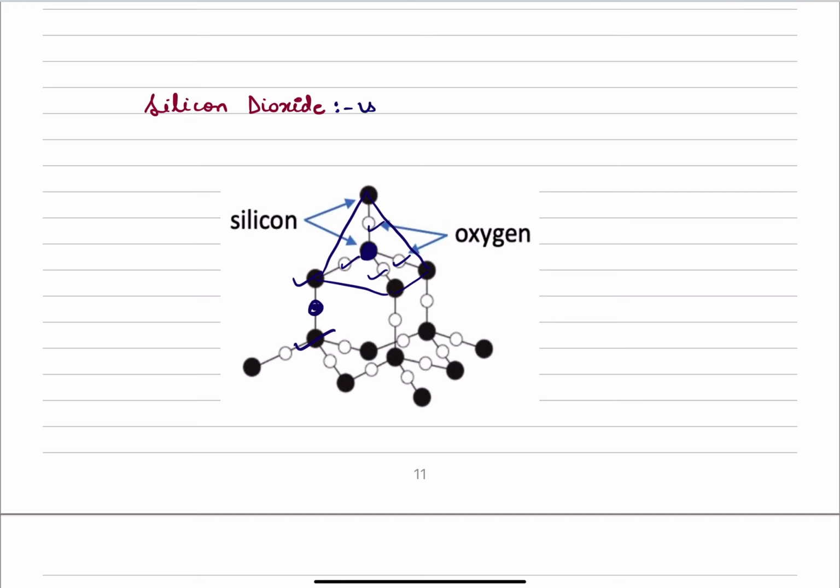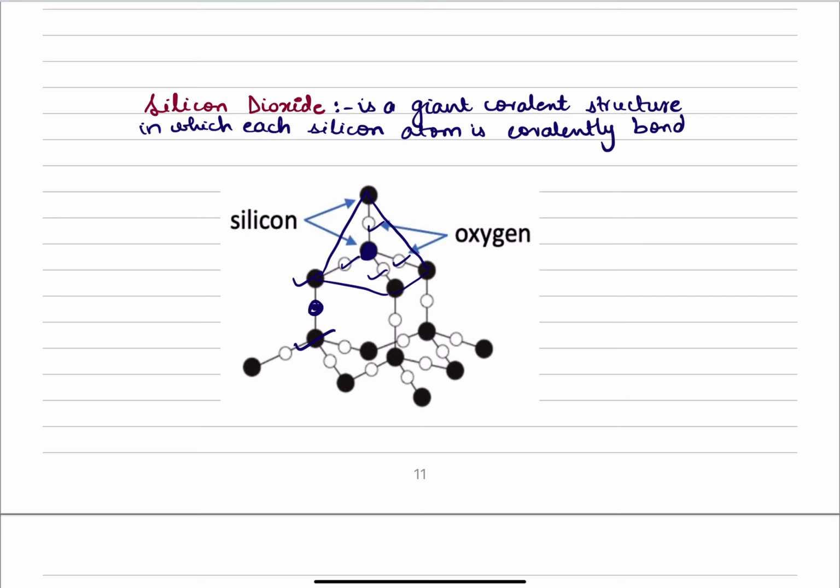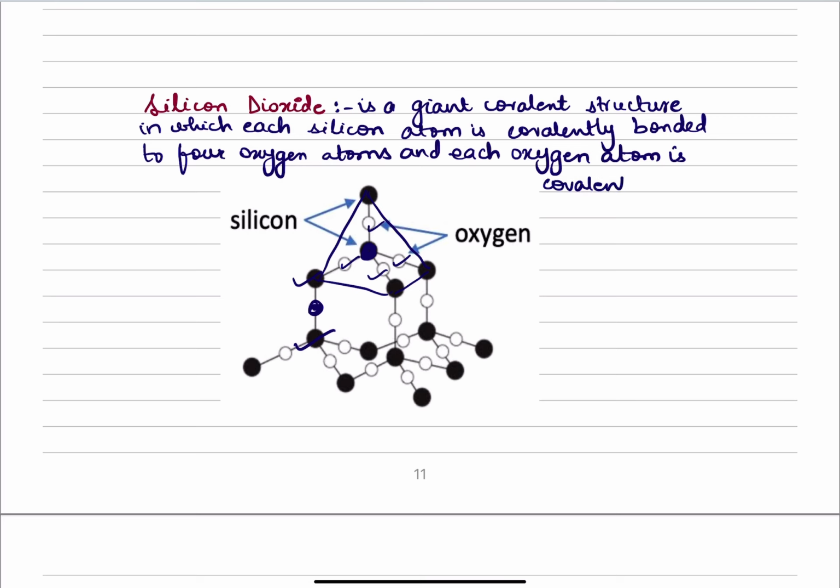So silicon dioxide is again a giant covalent structure in which each silicon atom is covalently bonded to 4 oxygen atoms, and each oxygen atom is covalently bonded to 2 silicon atoms in a tetrahedral arrangement.